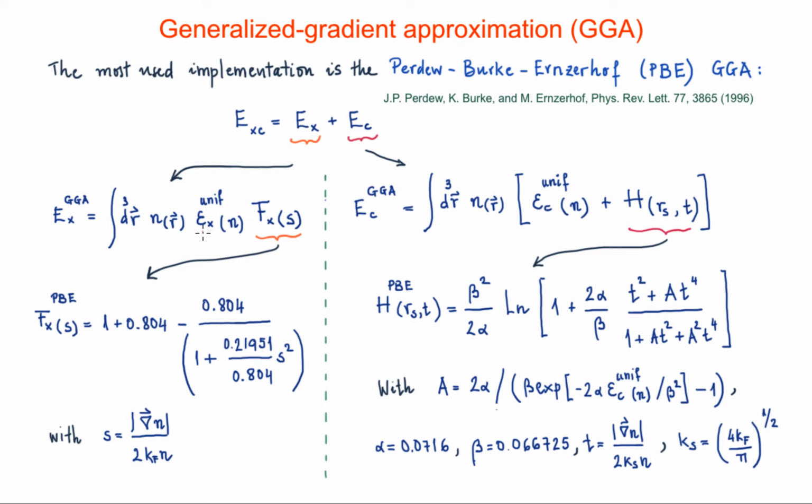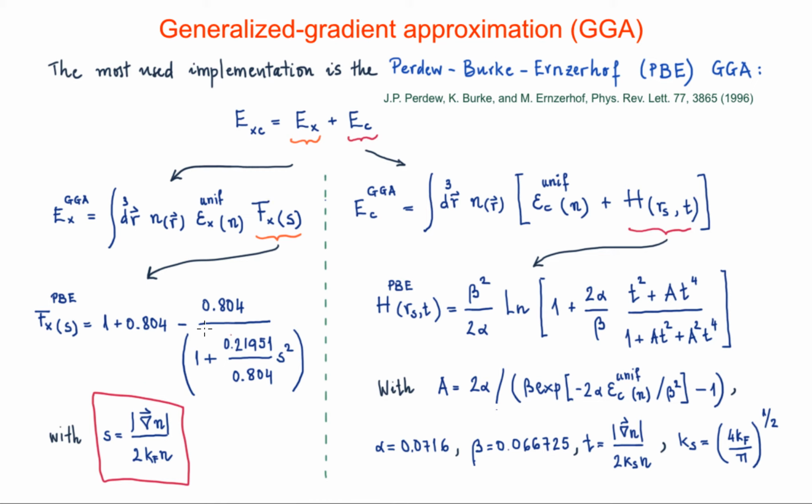This is the exchange energy per particle, times the density, times an enhancement function which depends on the s parameter we defined before, the modulus of the gradient over 2 times kF times n. And the parameterization they consider within the PBE for this enhancement function is this one here.